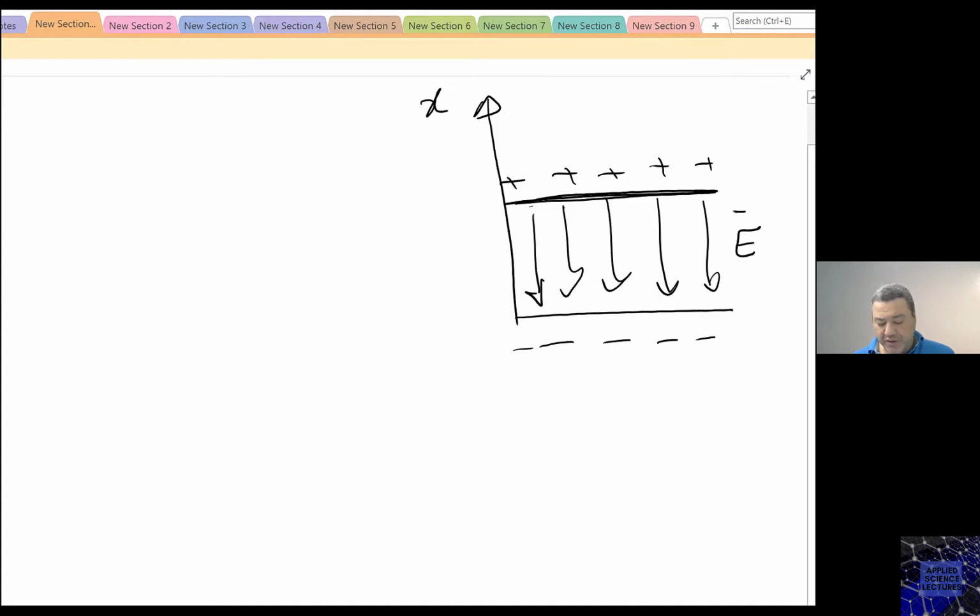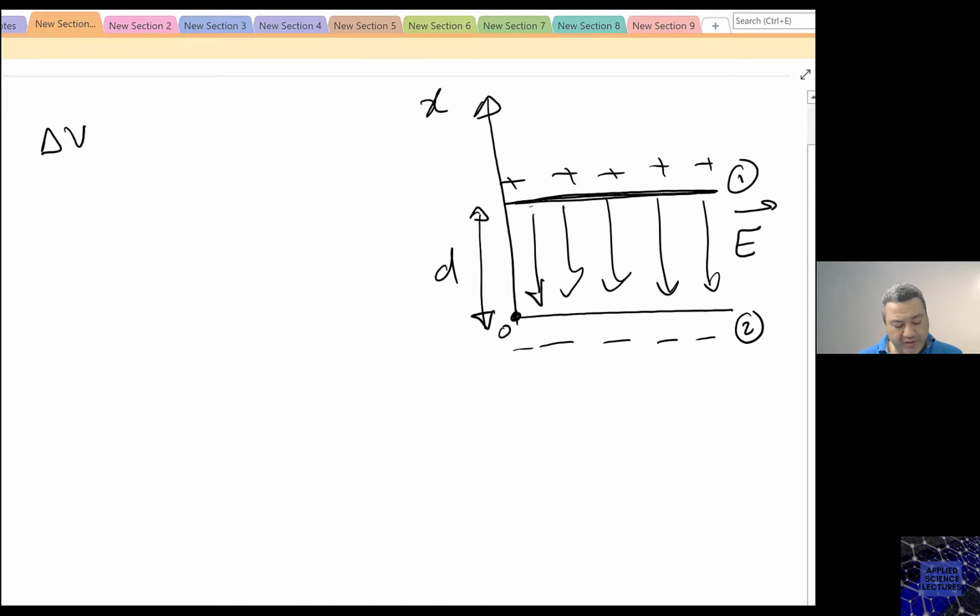So this is the electric field, and this is the distance d, starting from 0 to d. Now we will integrate, if we take this one as plate 2, this is 1.